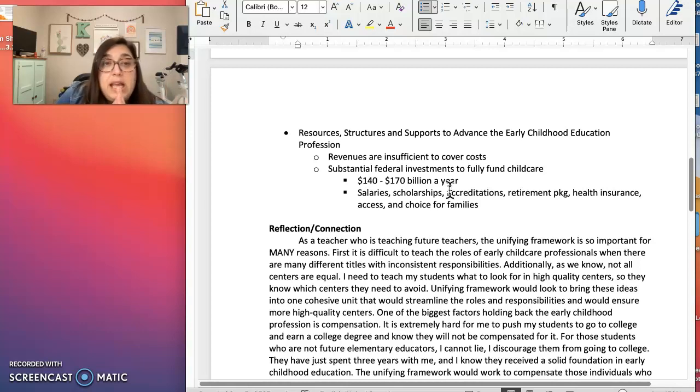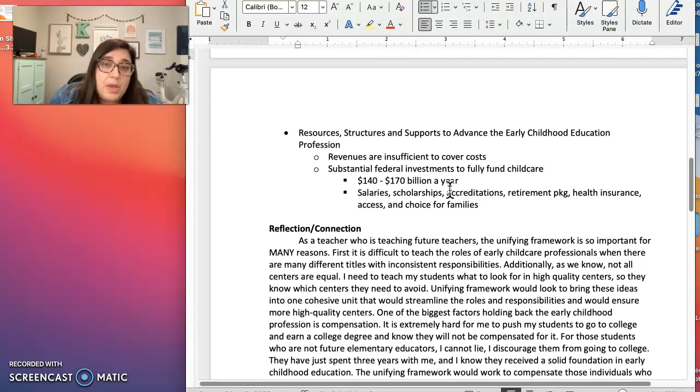And in addition, a lot of families and teachers lose choice. And what I mean is that a family cannot choose high quality early childhood education for their child if they cannot afford it, right? Because if I am low income, I can only choose from the ones that I can afford, and it might not be the highest quality.